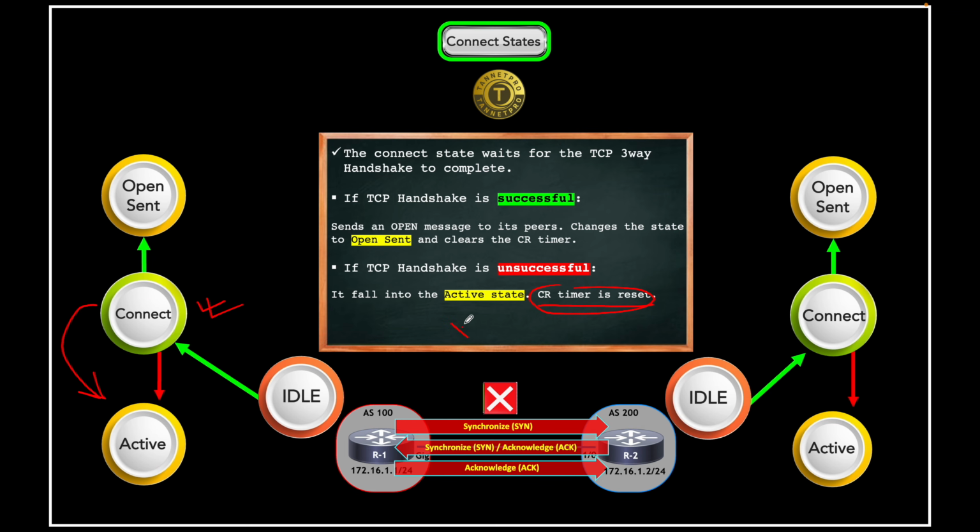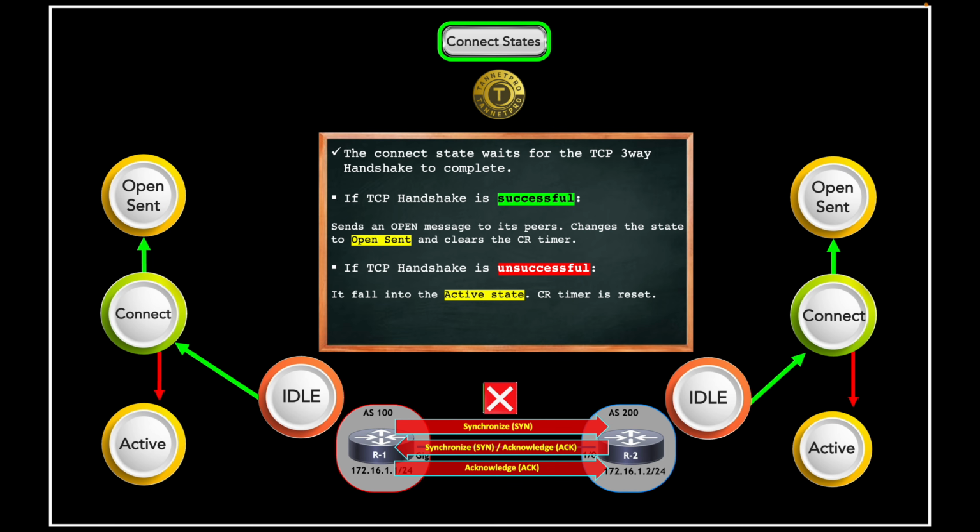Within the 120 seconds, if the connect state has not got any response and has not successfully established the three-way handshake, then it falls down to active state. If it is successful, then it will move to OpenSent, right? So we understand the connect state and what happens if it is successful and if it is unsuccessful.